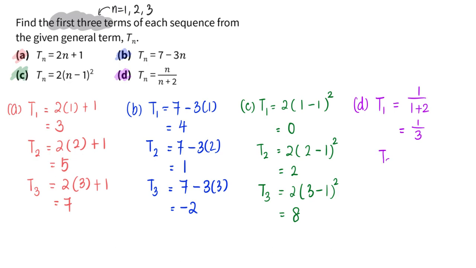T2 is 2 over 2 plus 2. That will give me 1 over 2. That's the final answer. And my T3 is 3 over 3 plus 2, 3 over 5.